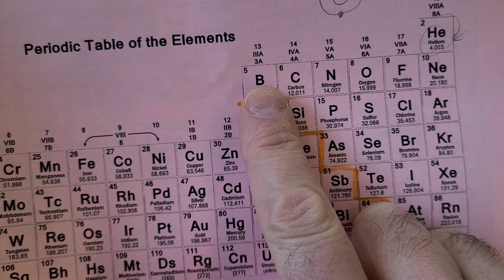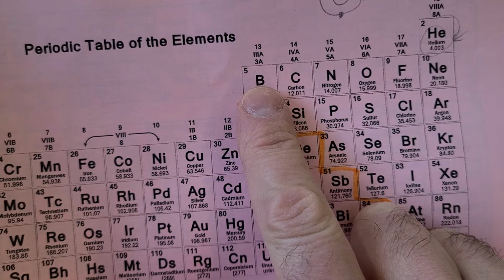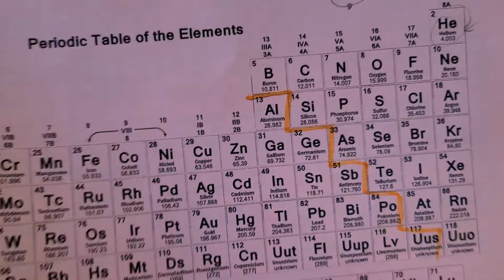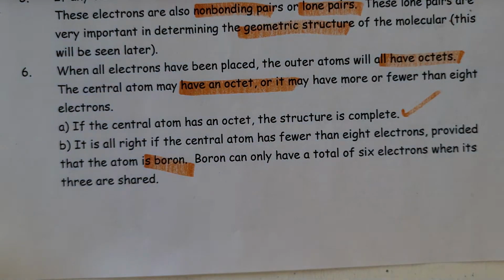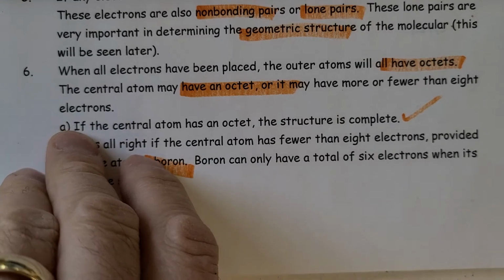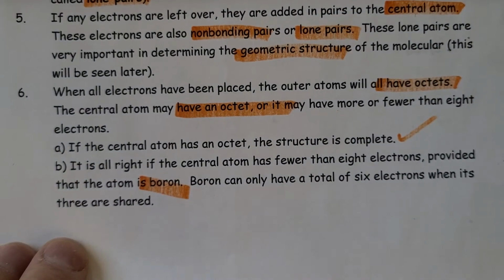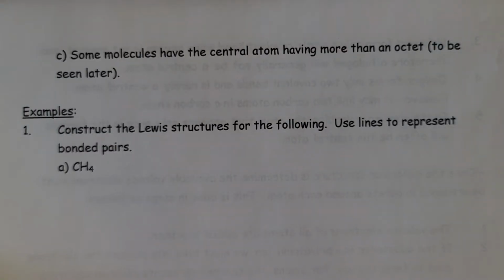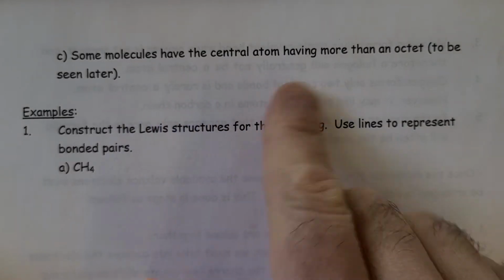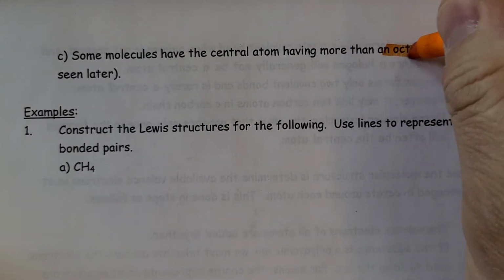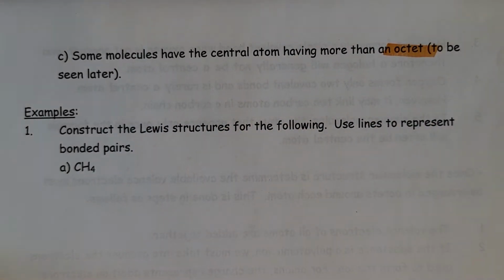So the only thing it can ever do is share 3 to get 3, a total of 6. So boron could have less when the electrons with it are shared. And some molecules of the central atom could have more than an octet, and we'll see examples of that later.